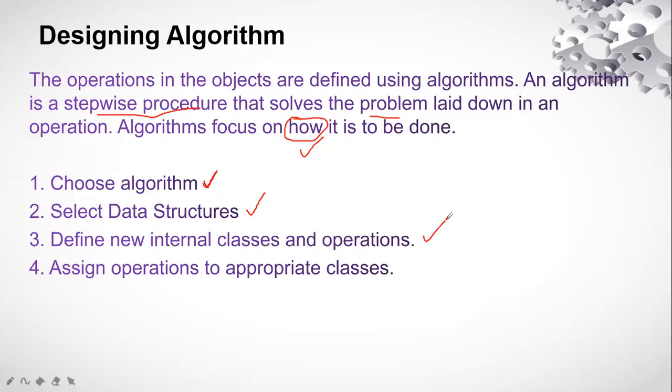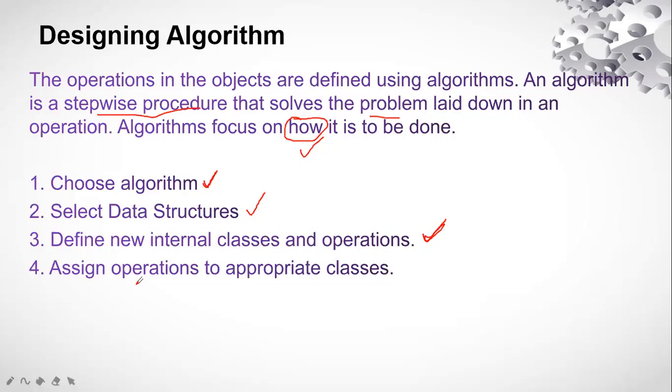To handle the intermediate results, we are in a situation where we define new classes. So those new classes and operations need to be defined when the algorithms are expanded to a specific version.